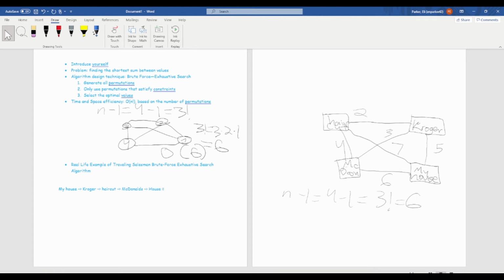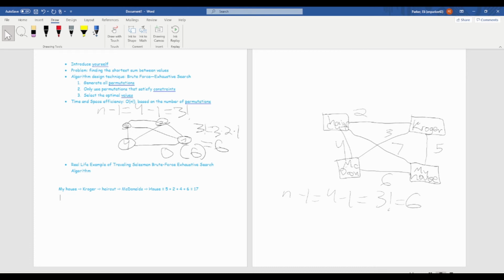Taking that path, it's 5 plus 2 plus 4 plus 6, which equals 17 miles.